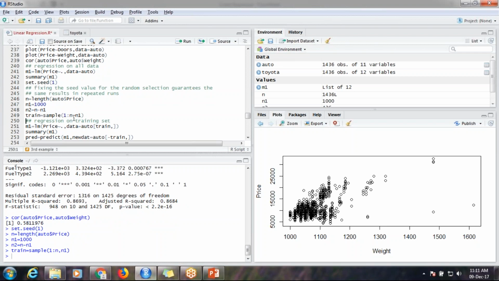So in train, I have made a sample of all the variables, or all the number of observations. Among that, only n1 I have chosen. So among 1436 I am choosing only 1000, and that is randomly picked.